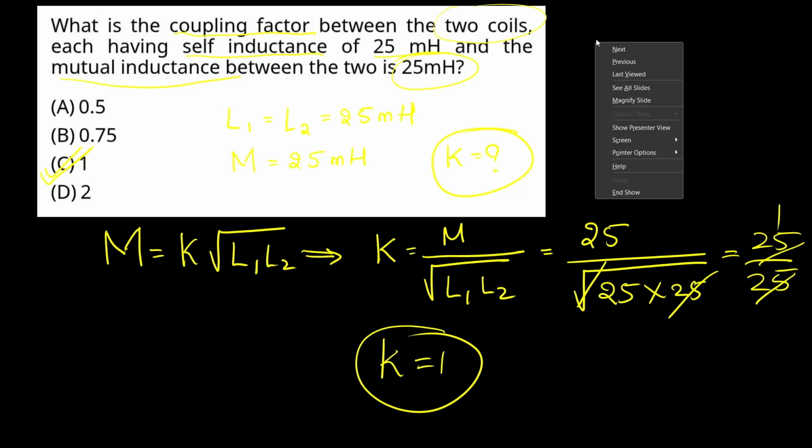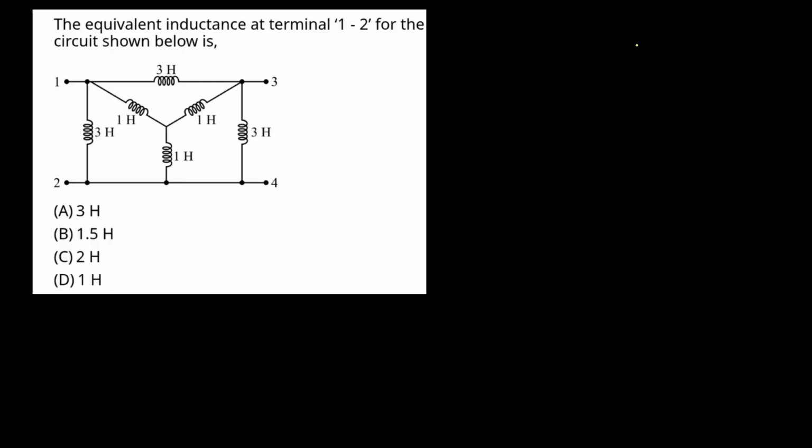Let's go to the next question. Here they are asking the equivalent inductance between the terminals 1 and 2. You can see there is a star connection here, so it is difficult to simplify the circuit without converting it into delta.